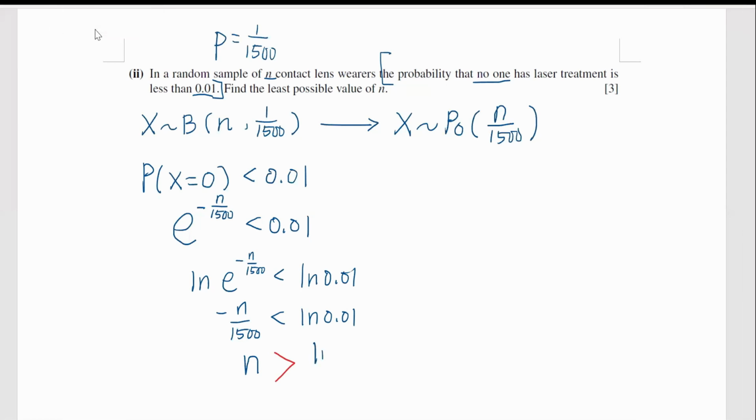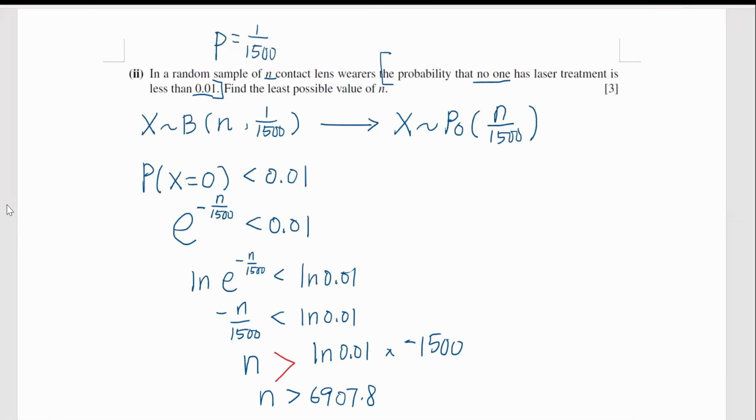So ln 0.01 is going to be multiplied by negative 1005, and hence n should be greater than 6907.8.